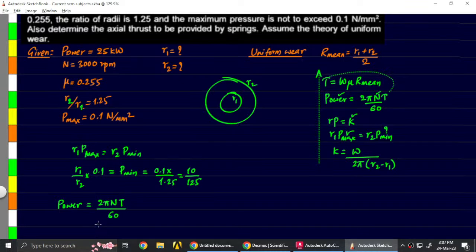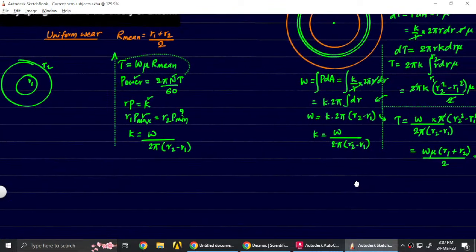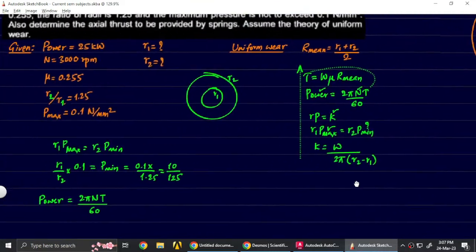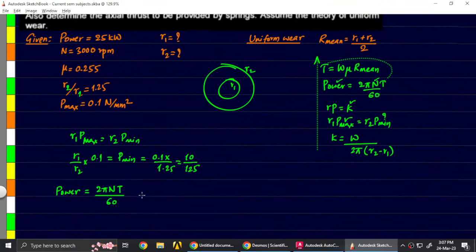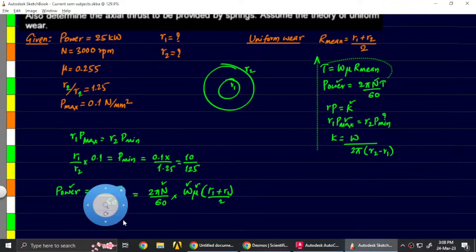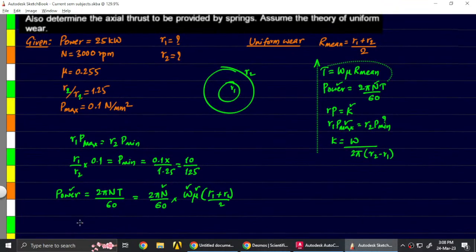And what is torque? Torque is W into mu into R mean, being R1 plus R2 by 2. So here n is known, omega is known, and mu is also known, as well as power is known. So let's substitute all this.